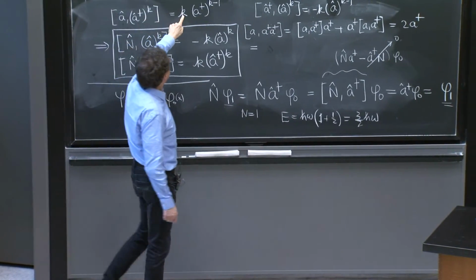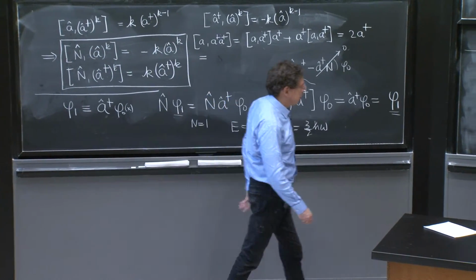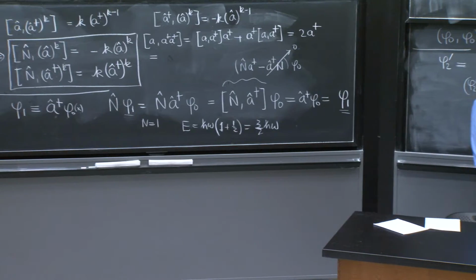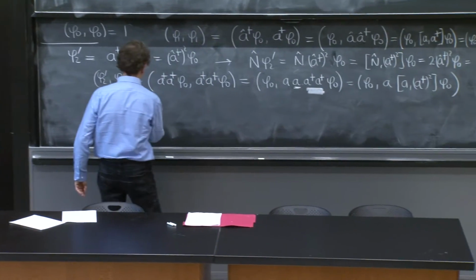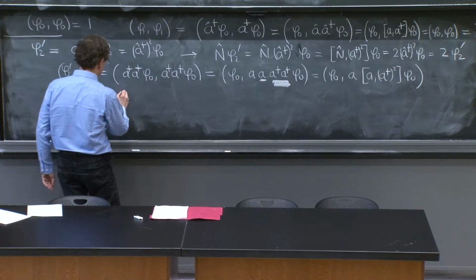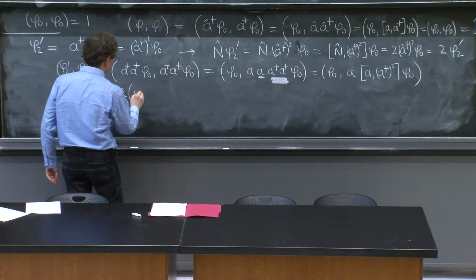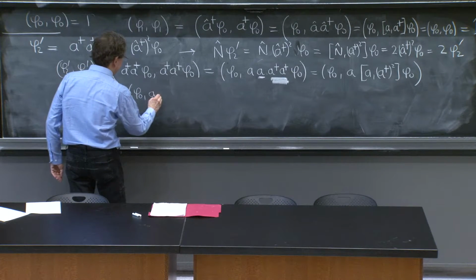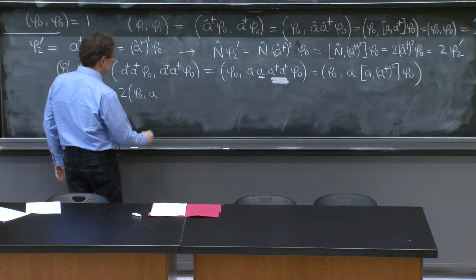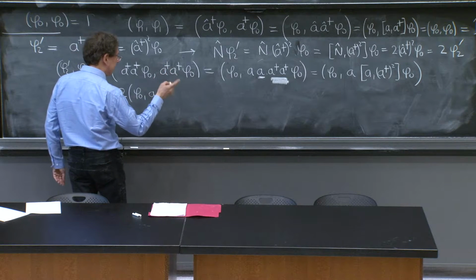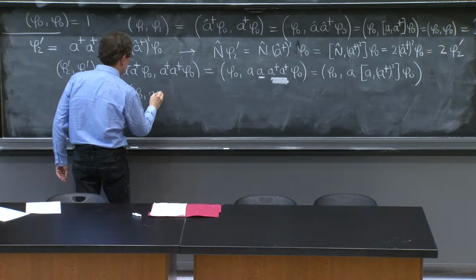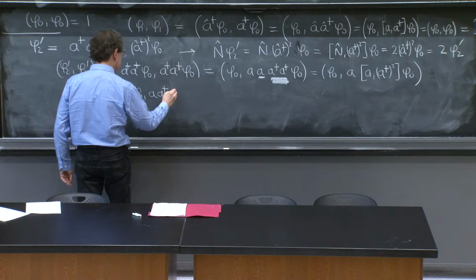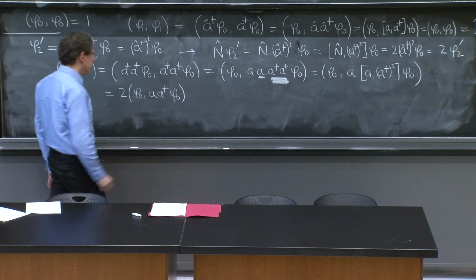And then I say, look, you've done that. A with A dagger to the K is K, A dagger to the K minus 1. So I'll write it here. This will be a factor of 2, phi naught A, and this is supposed to be now A dagger to one power less, so it's just A dagger, phi 0.